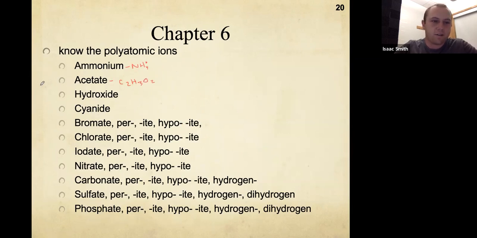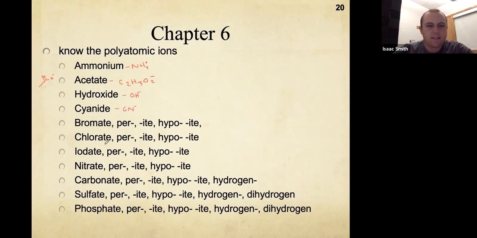I gotta draw it out real quick. This is an OChem drawing. Okay, just double checking. Yep, C2H3O2, with the minus charge on it. Hydroxide is OH minus, and cyanide is CN, with a minus charge.